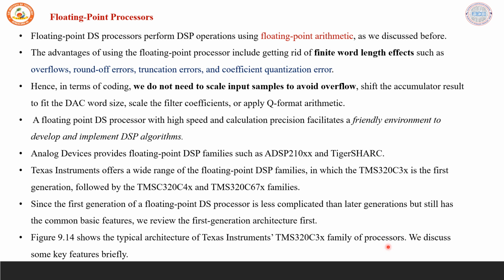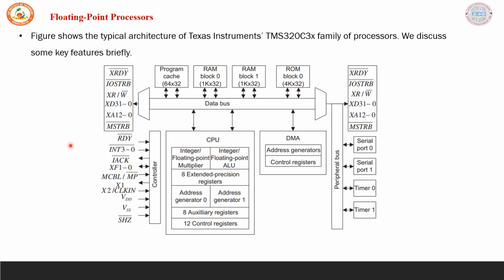The figure which follows will show you the architecture of the Texas Instruments TMS 320C3X family of processors, and we shall talk about its important features in brief. So here we observe the typical architecture of the TI TMS 320C3X family of processors.